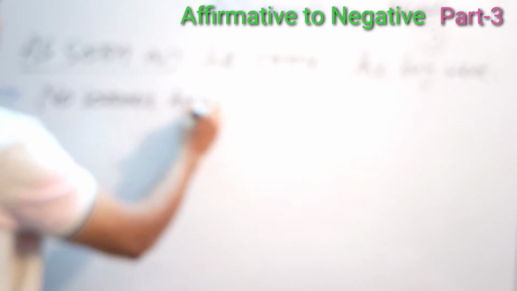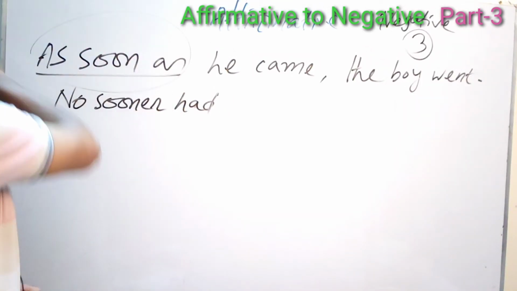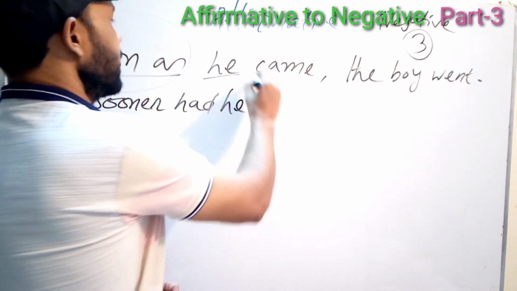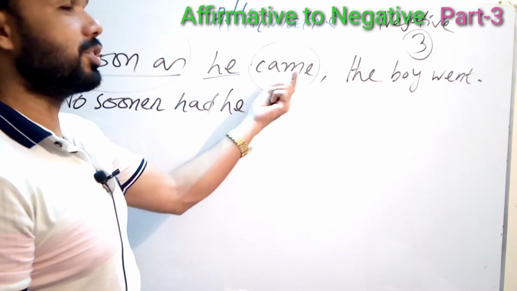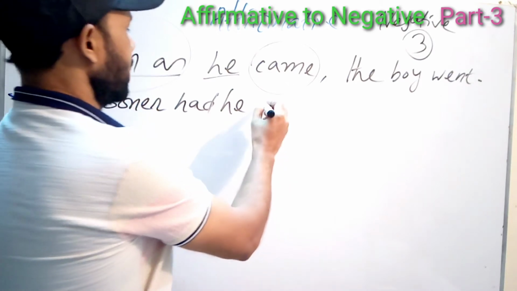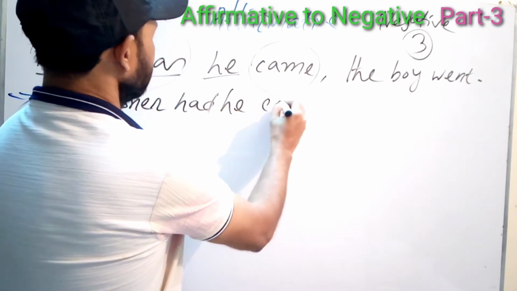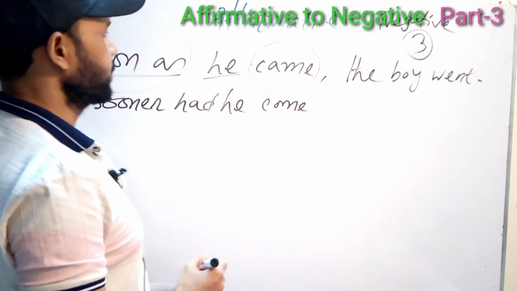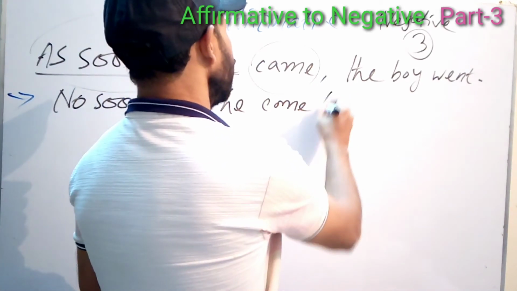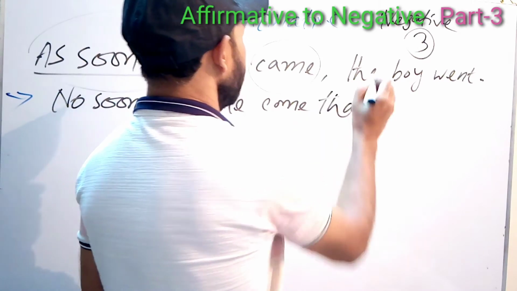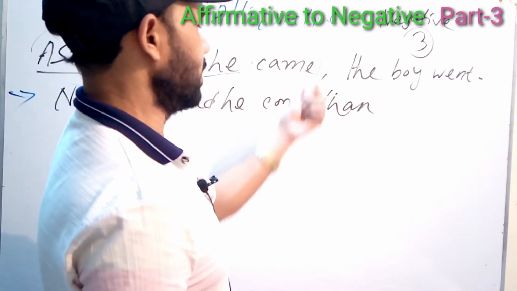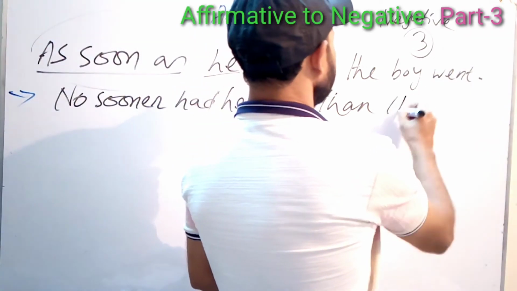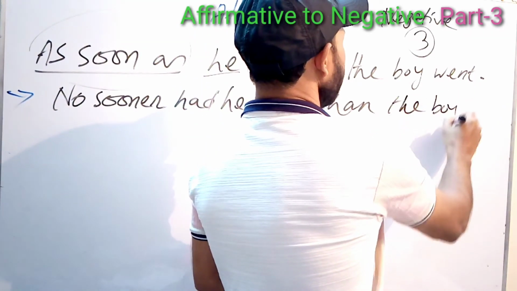No sooner had, in place of as soon as. Then you have to use the subject, he. Then you have to use the past participle form of this verb, come. Then you have to use then in place of the comma. Then the remaining part will be unchanged: the boy went.